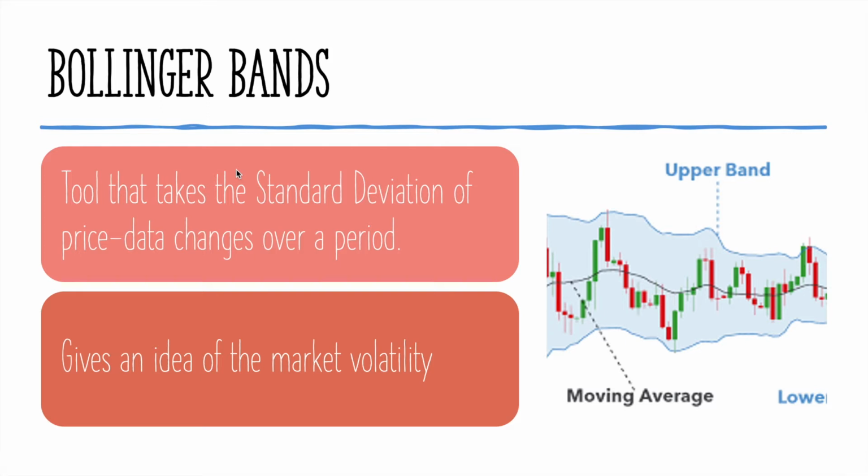On the other hand, if they're contracting or coming closer together, that means the market is less volatile. So basically, it gives an idea of how the market is trending.